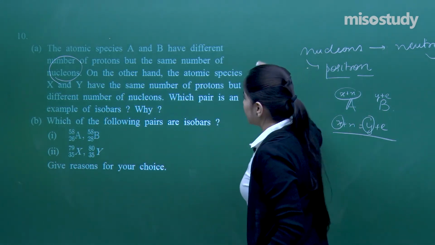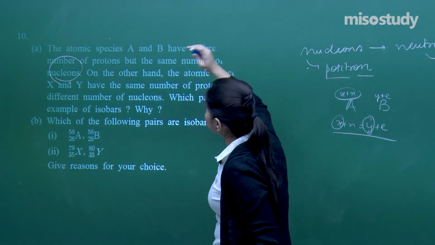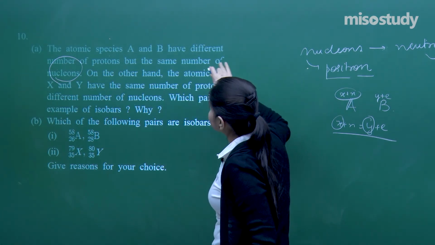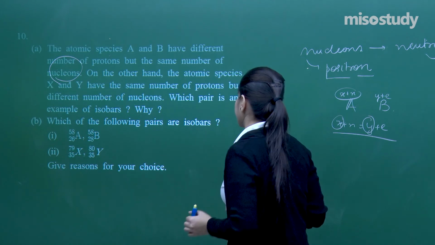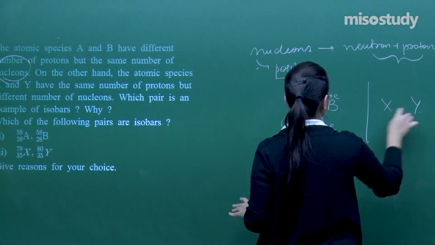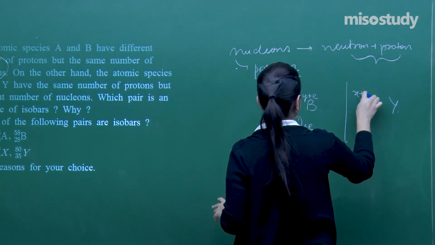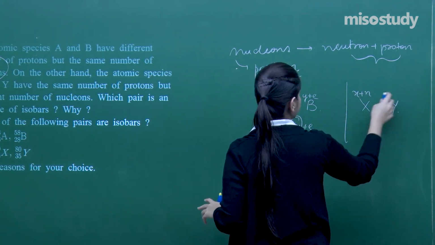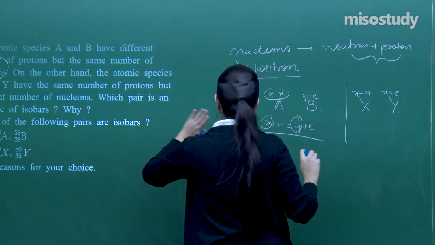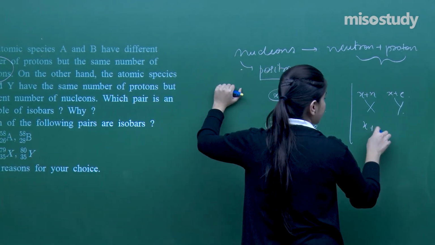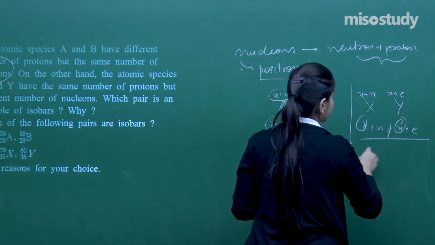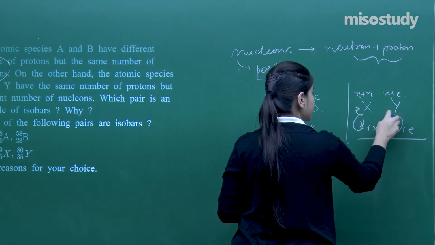On the other hand, the atomic species X and Y have the same number of protons but different number of nucleons. So with the same number of protons, X plus N and X plus E, and different number of nucleons. X plus N is not equal to X plus E, they are saying, but these are equal. That means electrons will also be equal.